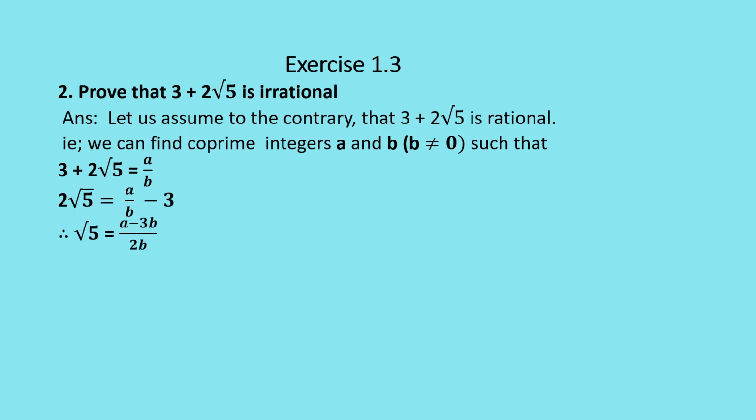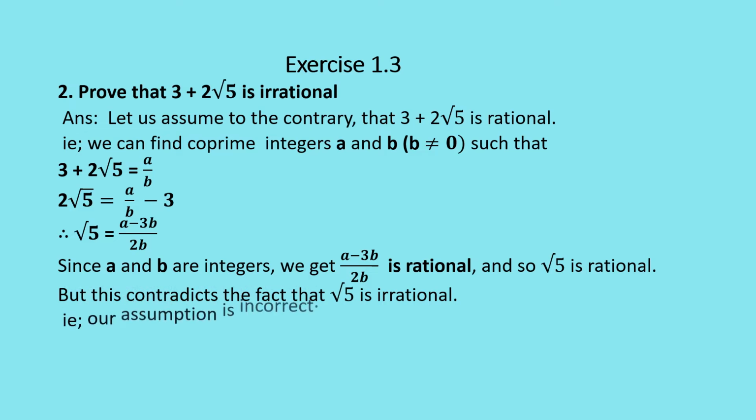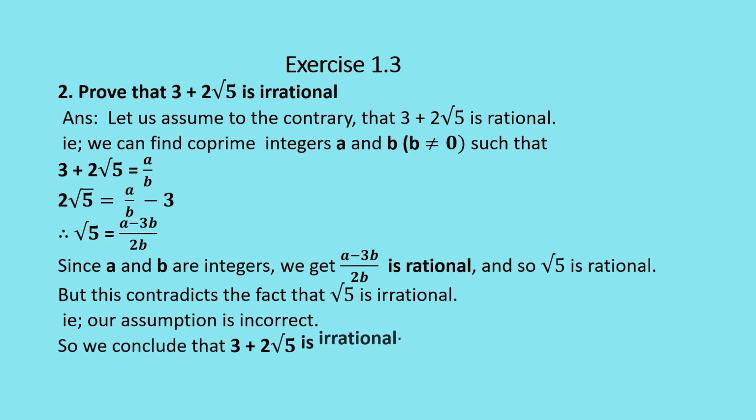Therefore, root 5 equal to a minus 3b upon 2b. Since a and b are integers, a minus 3b upon 2b is rational, and so root 5 is rational. But this contradicts the fact that root 5 is irrational. That is, our assumption is incorrect. So we conclude that 3 plus 2 root 5 is irrational.